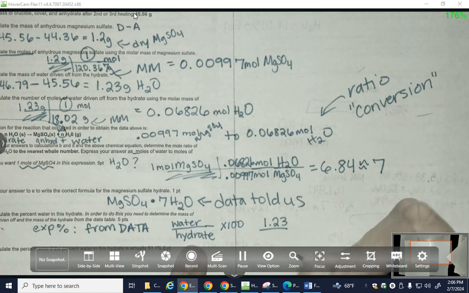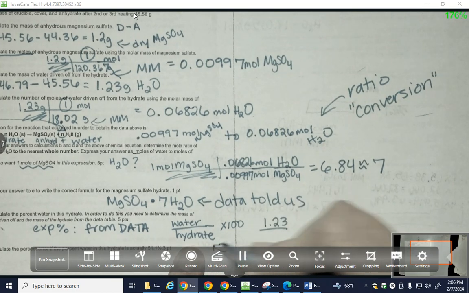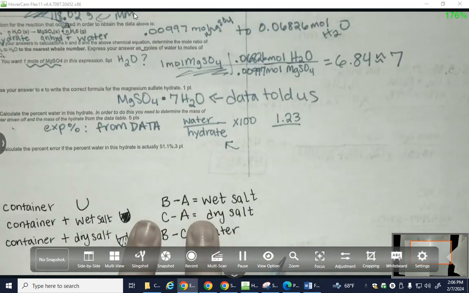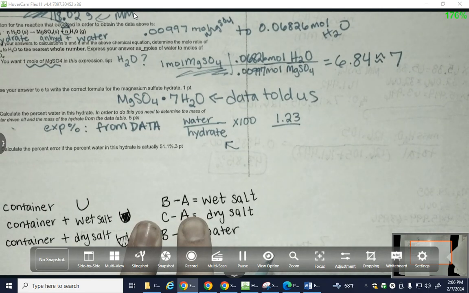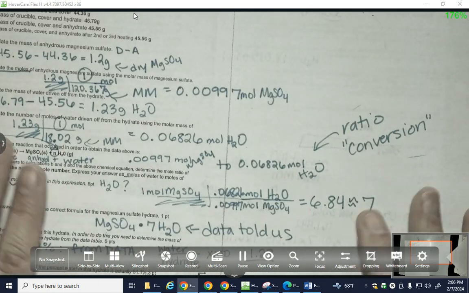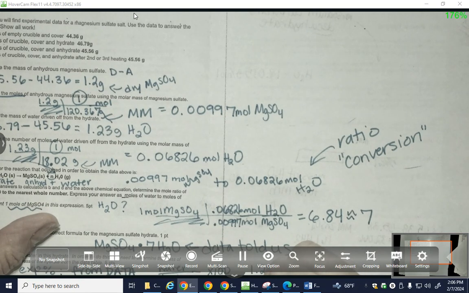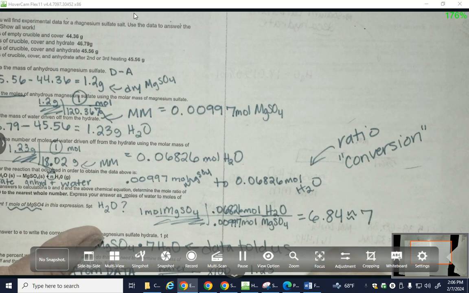My hydrate I hadn't solved for yet. If I want wet salt, we had B minus A at the beginning. So B minus A would be 46.79 minus 44.36, so 2.43.